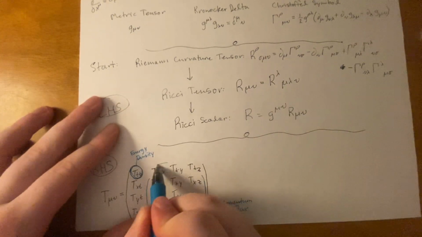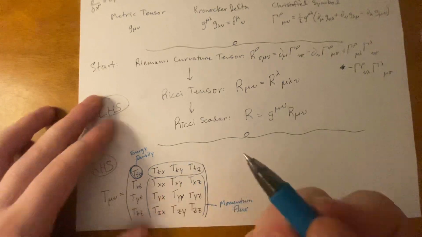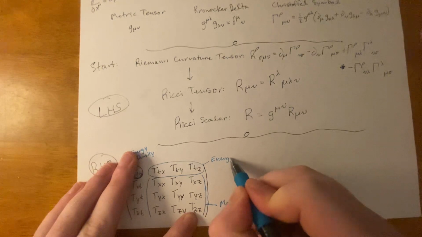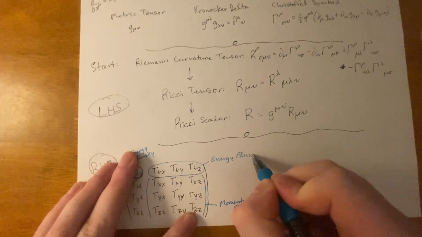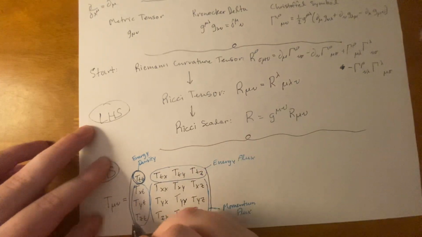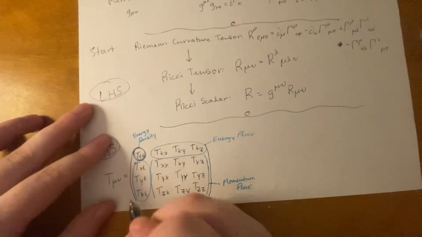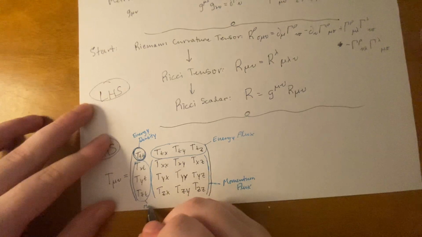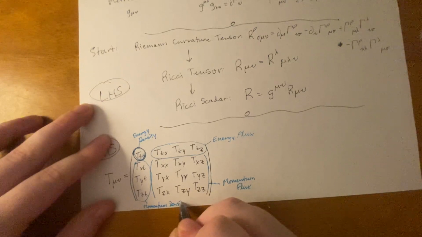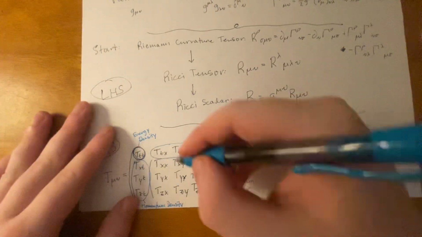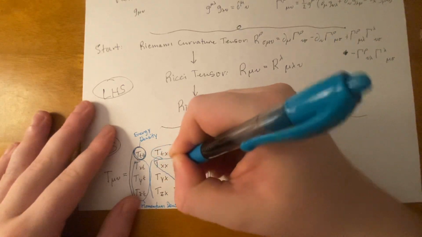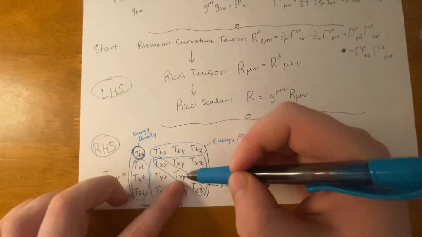And then this up here is the energy flux. This on the side is the momentum density. And then this diagonal here of the submatrix, this is all pressure in the XX, YY, ZZ component.